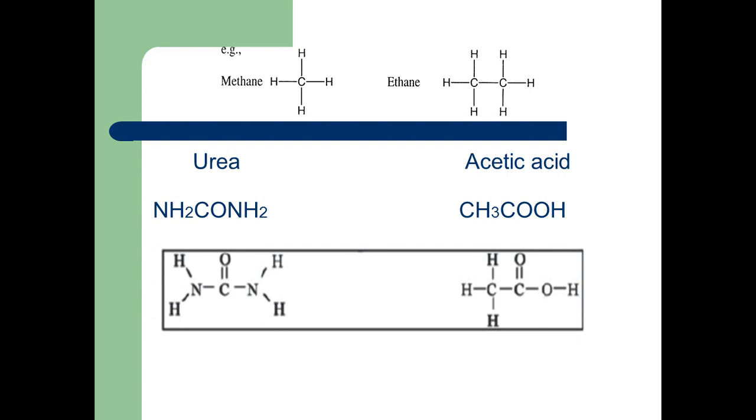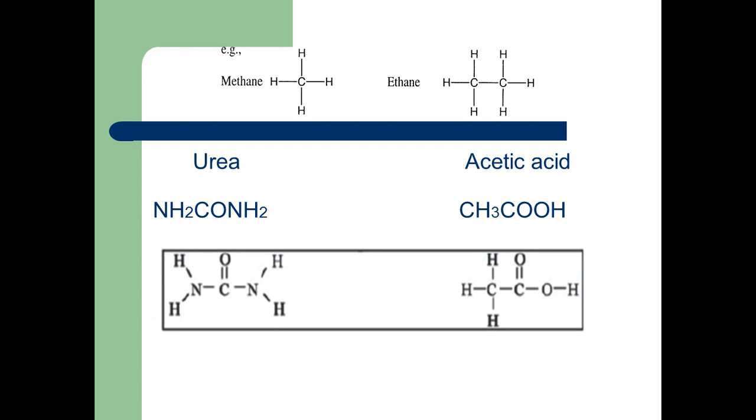Because carbon must be surrounded by 4 dashes, but oxygen is divalent, so it must be surrounded by 2 dashes only. Nitrogen is a trivalent atom, so it is surrounded by 3 dashes. You can count them: 1 with carbon and 2 with 2 hydrogen atoms on both sides of the carbon.